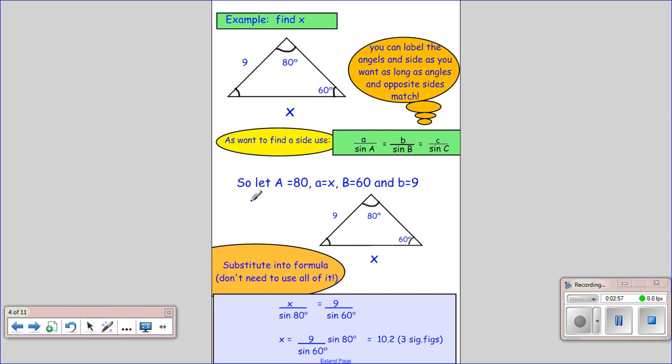The only thing which matters is that the angle A has to be opposite side a. So I'm going to choose to make my side x be my a. So a equals x, so the opposite angle will be this 80. And just for simplicity, I'm going to use B. I could label it as C, it doesn't matter.